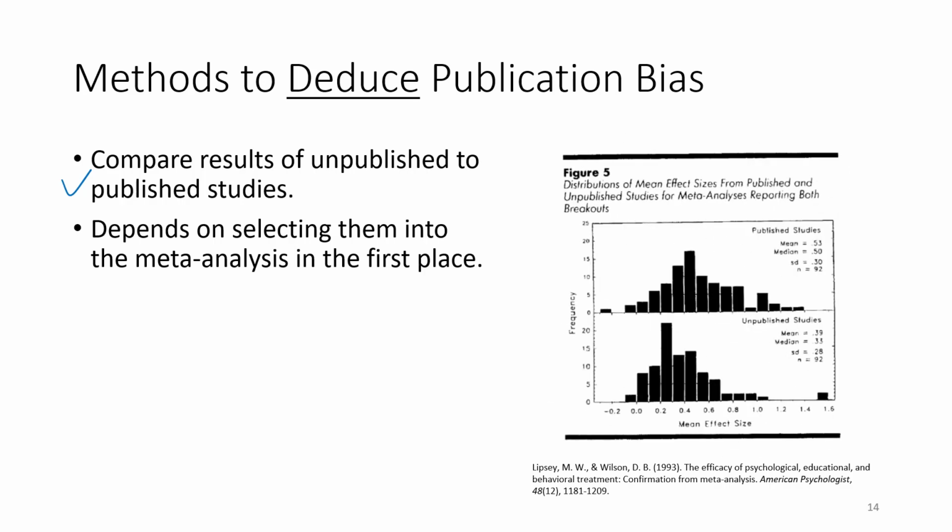One of the first and most compelling demonstrations that this could be a neat strategy was a meta-analysis that Lipsey and Wilson published in 1993 in American Psychologist. And these are 92 different meta-analyses. So they compared published versus unpublished studies, and this is just the distribution of the effects.